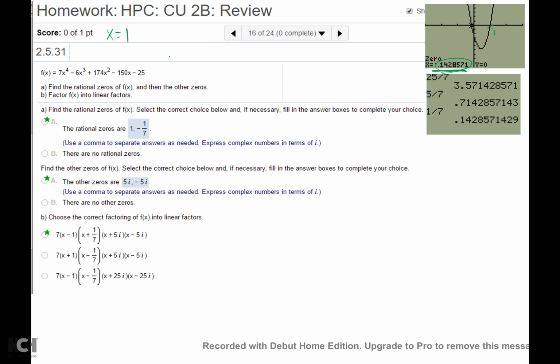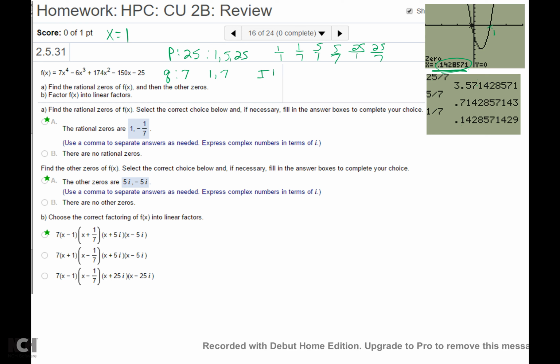So what I did was I said, well, my P has to be a factor of 25. My Q has to be a factor of 7. So my P over Q list is: the factors of 25 are 1, 5, and 25. The factors of 7 are 1 and 7. So my list is 1 over 1, 1 over 7, 5 over 1, 5 over 7, 25 over 1, 25 over 7.